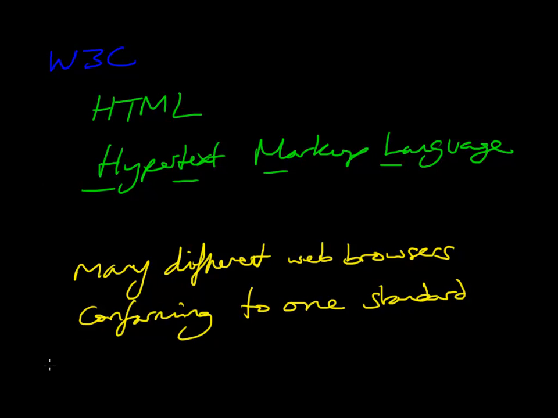Moving on a little bit from HTML, there's also standards in accessibility. Certain people may not be able to read text because they're blind or they've got difficulties with their sight.